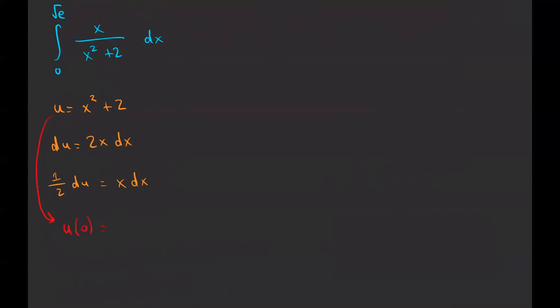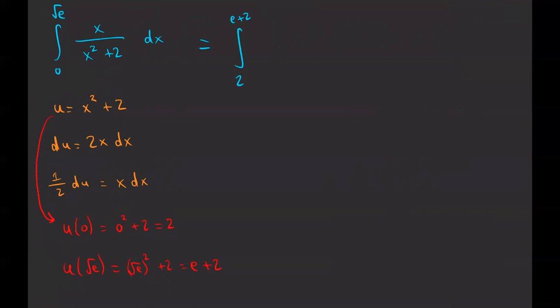So continuing on, u of 0 is going to be 0 squared plus 2, which is just going to be 2. u of square root of e is going to be square root of e squared plus 2, which is just going to be e plus 2. So we'll go ahead and convert this integral into u now. So I'll have 2 to e plus 2.